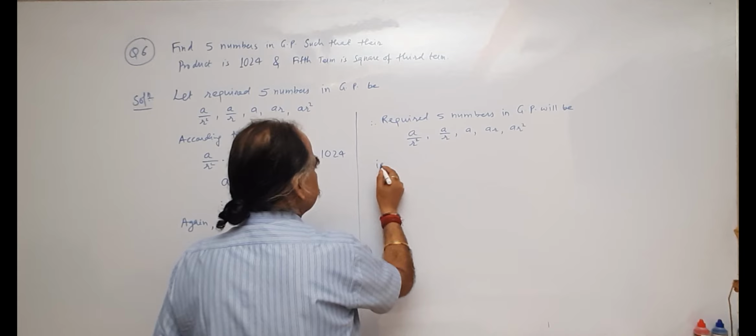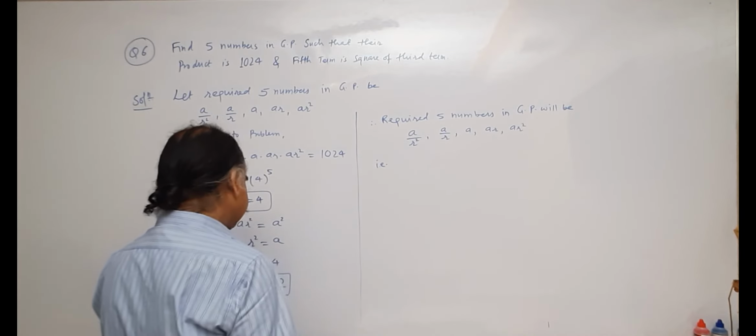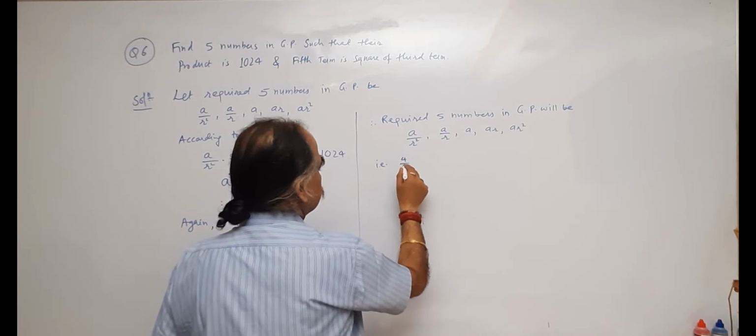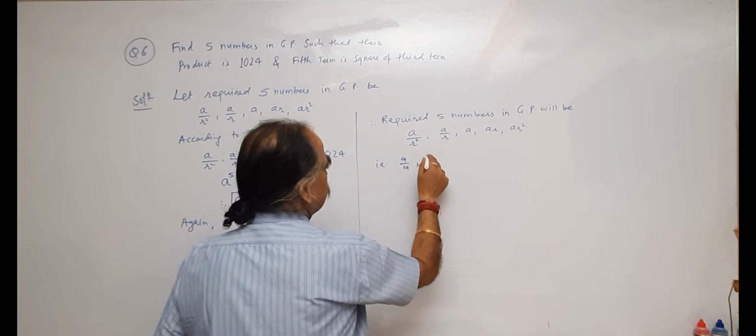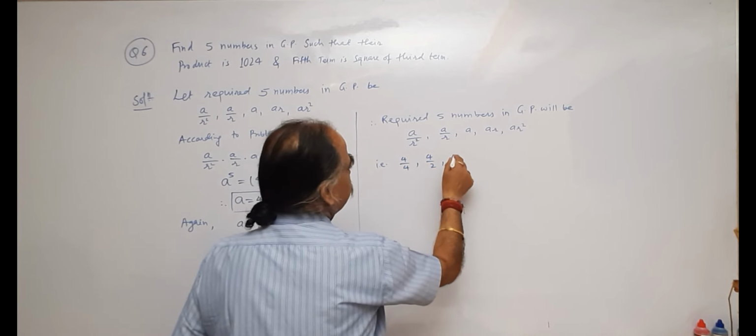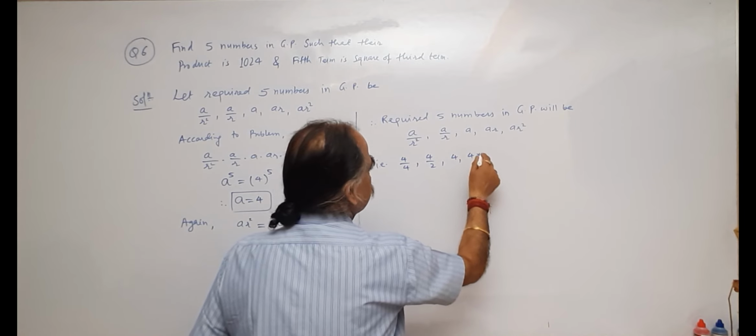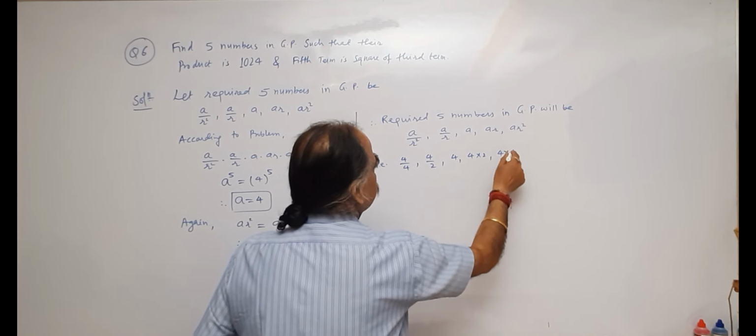That is, A is 4: 4 upon 4, 4 upon 2, 4, 4 into 2, 4 into 4.